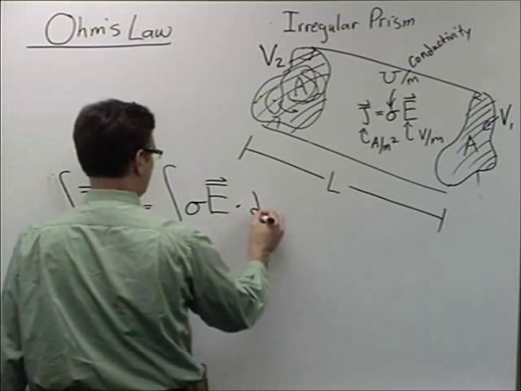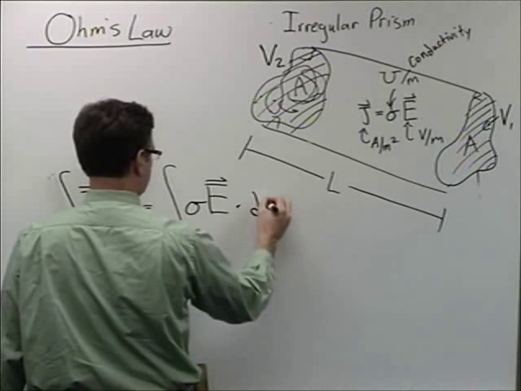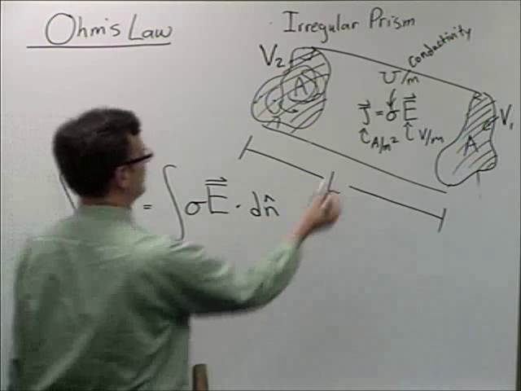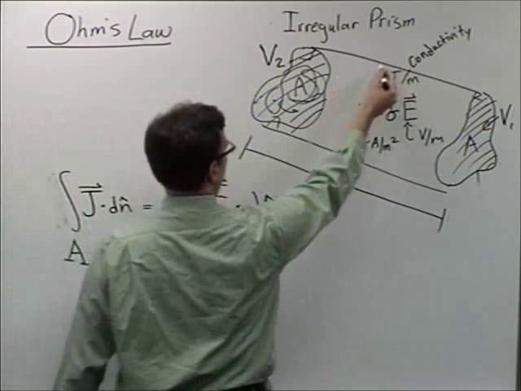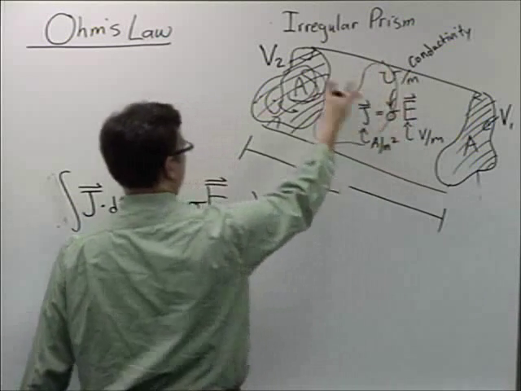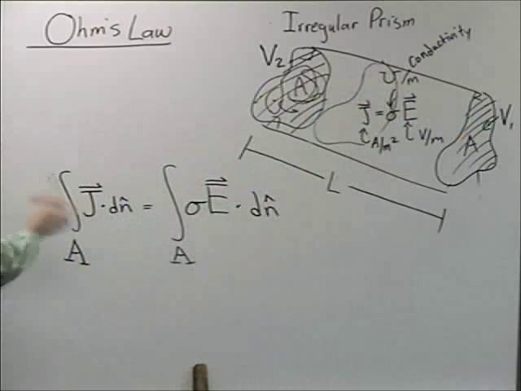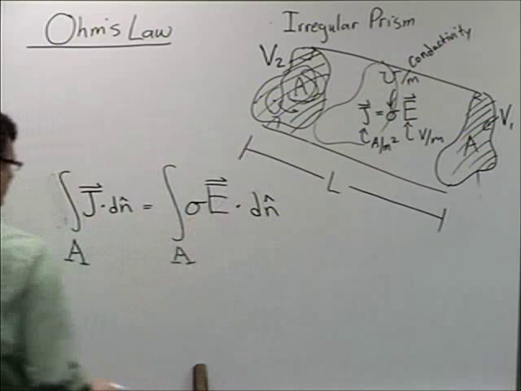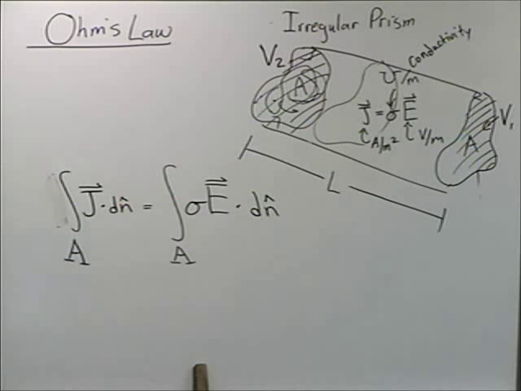So I'm also going to integrate this across the same cross-sectional area A. I'm going to just pick a surface in my prism of A, somewhere along there. I'm just going to integrate my current density and my electric field times my constant sigma.